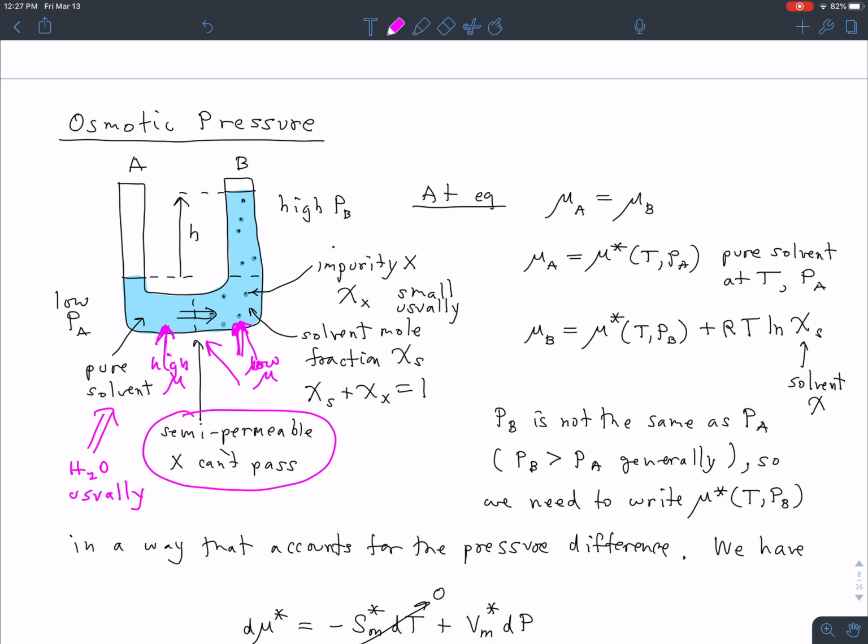So at equilibrium, in a situation like this, the chemical potential on side A, so it's all solvent here. It's not two different materials, it's solvent on both sides.